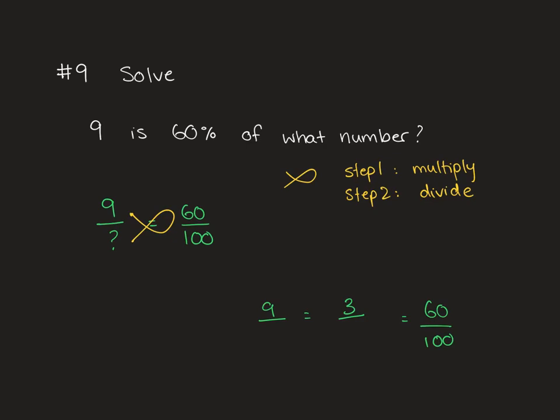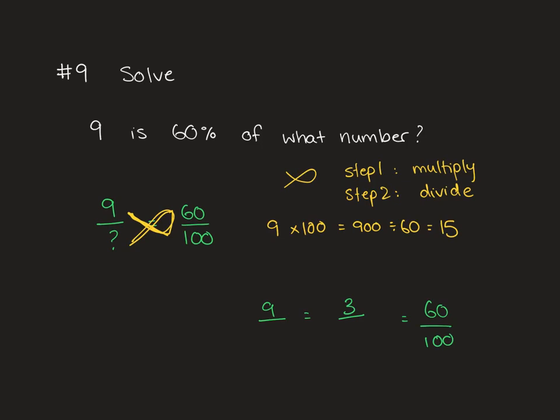So we're going to go 9 times 100 because that's our first numbers that we're tracing with this fish. So that equals 900, and then we're going to divide it by 60 because that's the next number we go to, and that will bring us to our answer there. So 900 divided by 60 is 15.